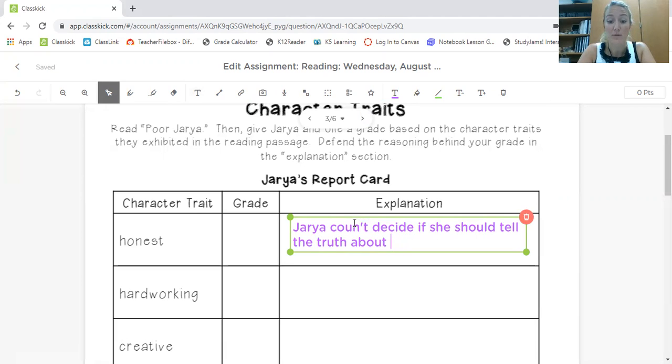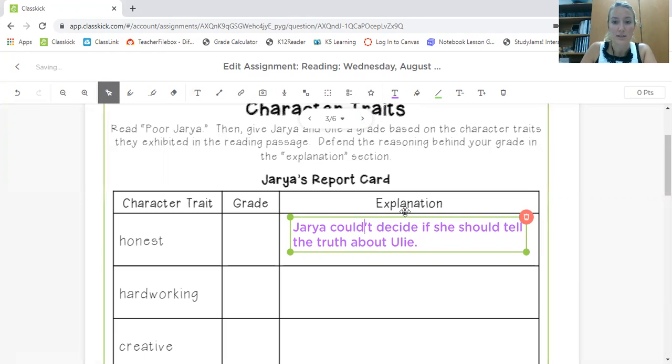And it is a name, so I'm going to do a capital U, clicking Shift, and then pushing U once. I always go back and read my sentence again because sometimes I make typing mistakes. She couldn't. There we go. Decide if she should tell the truth or not.